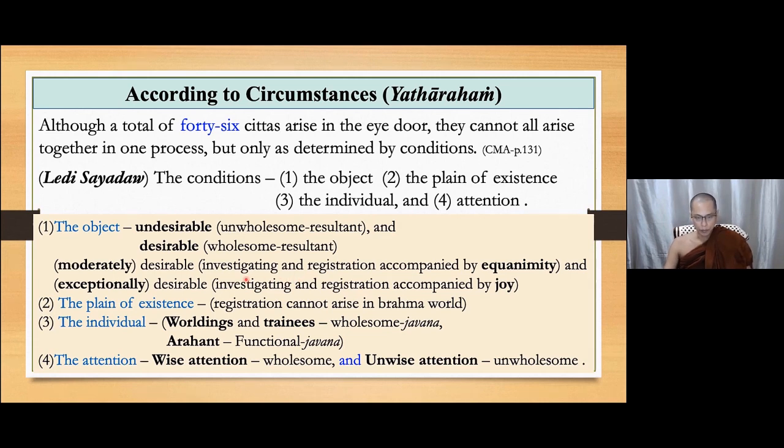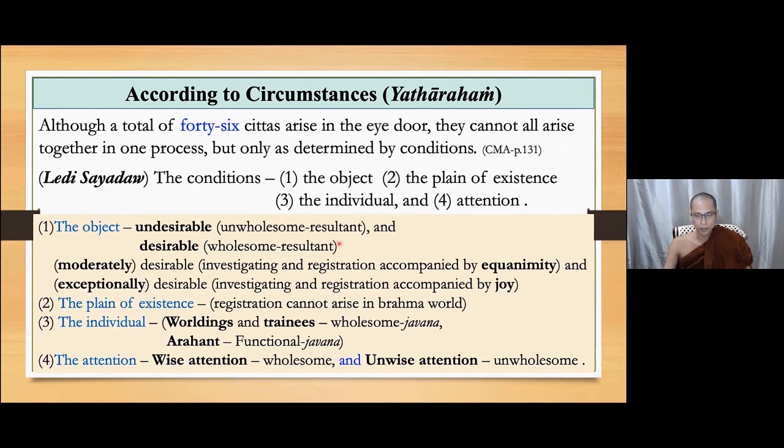So at that moment, the investigating and registration are accompanied by equanimity. And sometimes the desirable object can be very special, exceptionally desirable. It is called ati-ittaramana. The undesirable object is called anittaramana. A desirable object is called ittaramana.